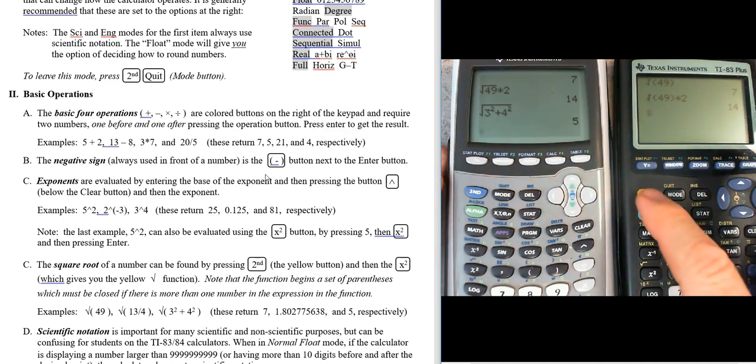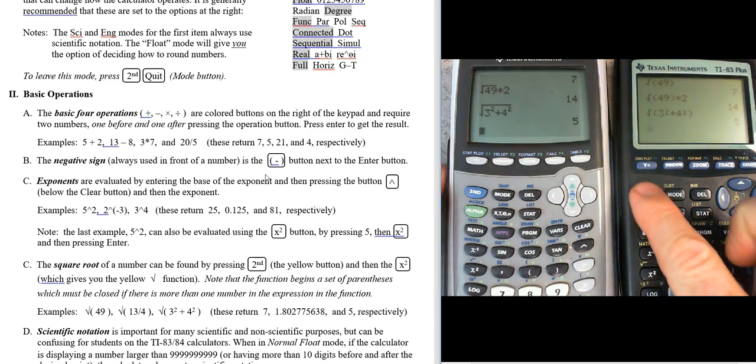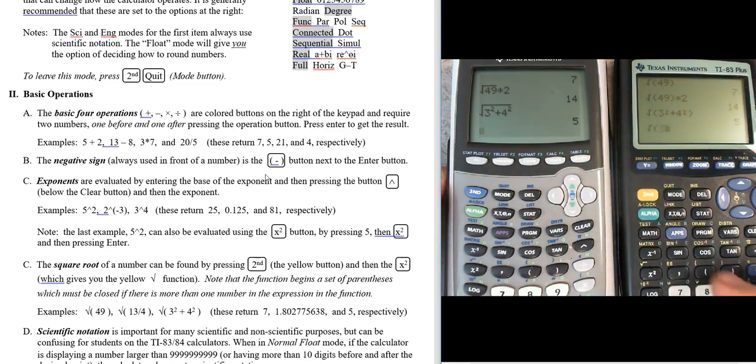Now in the case of the TI-83, you have to go 3 squared plus 4 squared, and then end the parentheses. If you don't end that parentheses, it'll give you a wrong answer. Okay, like for example, I can go square root of 3 squared plus 4 squared, and I don't end the parentheses. Oh, it's giving me the same thing. I didn't realize that.